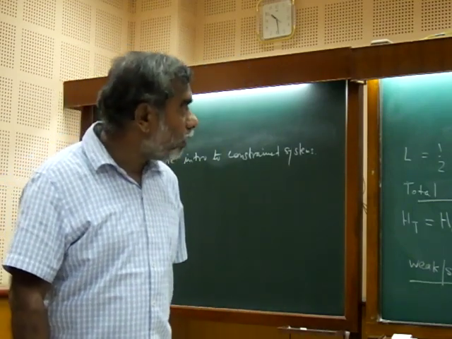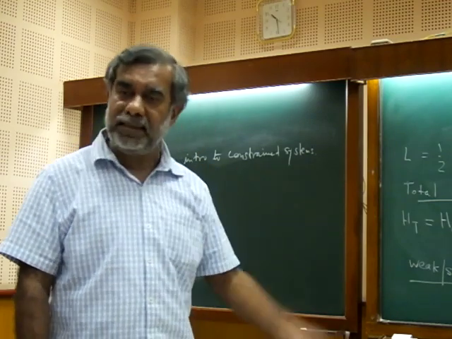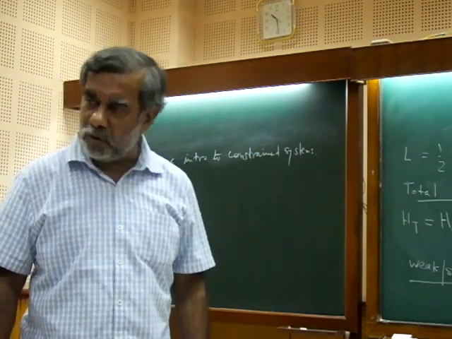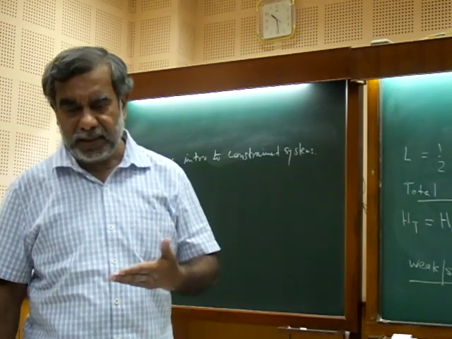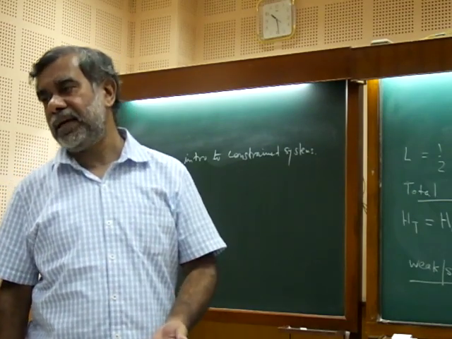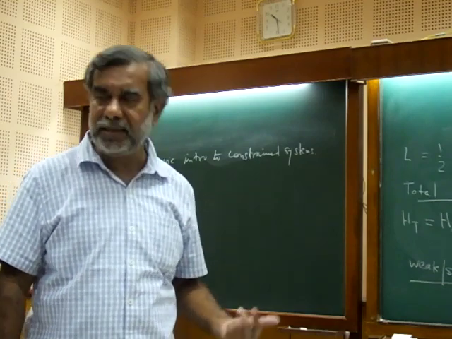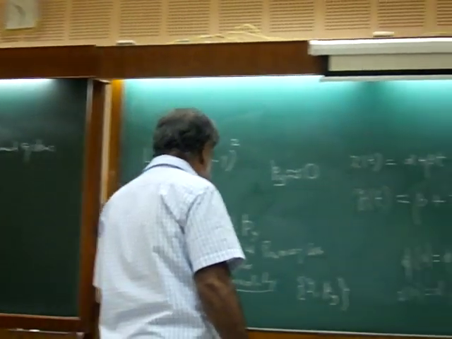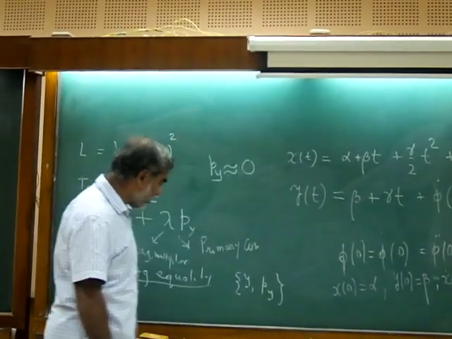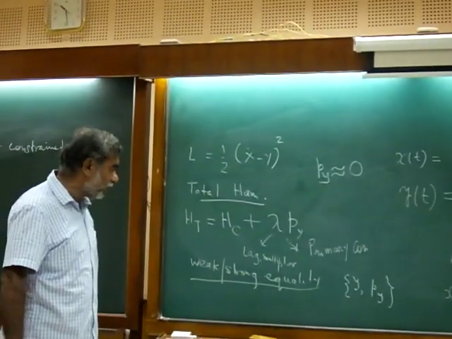You cannot put that equality inside a Poisson bracket. Strong equality, as its name implies, can be substituted anywhere, either inside the Poisson bracket or outside the Poisson bracket. Okay, so with these two master strokes, actually Dirac solves the problem.